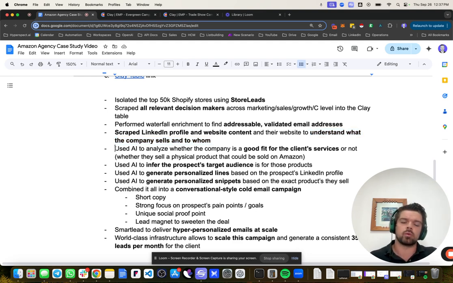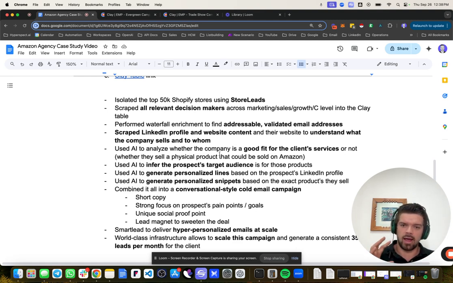First step is we want to make sure that the list is super clean. So we used AI to analyze whether the company is a good fit for the client's services. In this case, it's whether or not they sell a physical product that could be sold on Amazon, right? Because not every e-commerce store does. You can have digital products and digital services showing up in this list.